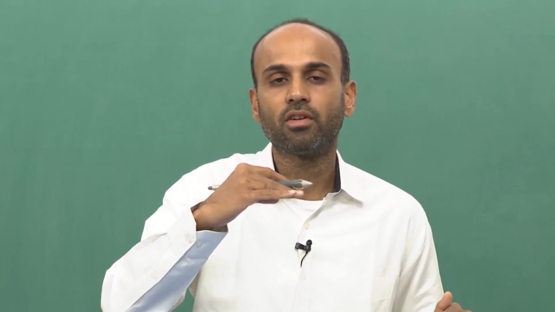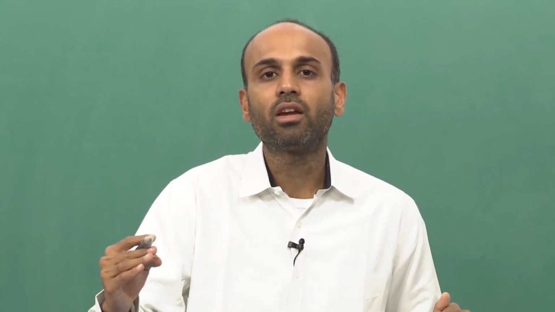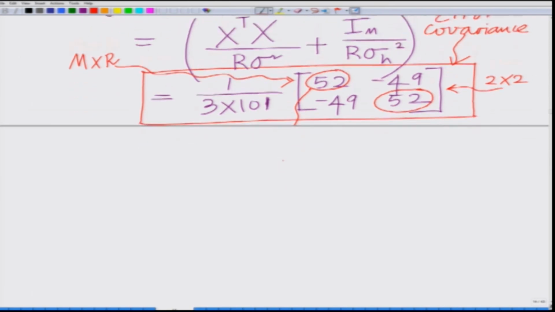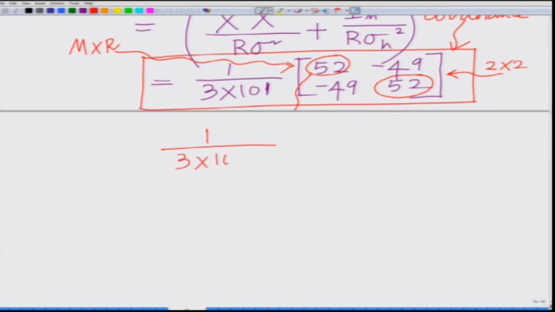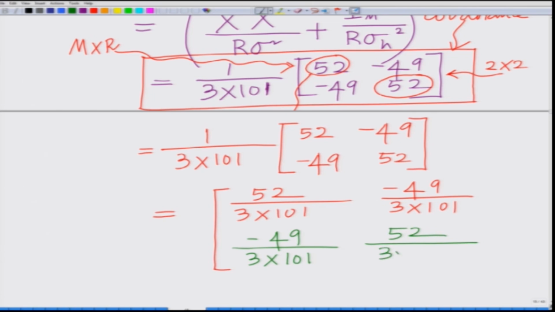For instance, the first row corresponds to the first transmit antenna and all the receive antennas, and when you do (H hat minus H)(H hat minus H) transpose, you are summing across all the receive antennas. Therefore, each diagonal element is the sum of the variances corresponding to all the receive antennas for every transmit antenna. For instance, 1 over 3 into 52, minus 49, minus 49, 52, which is 52 divided by 3, minus 49 divided by 3, minus 49 divided by 3, 52 divided by 3.